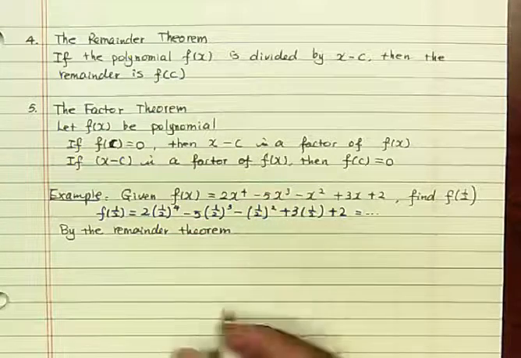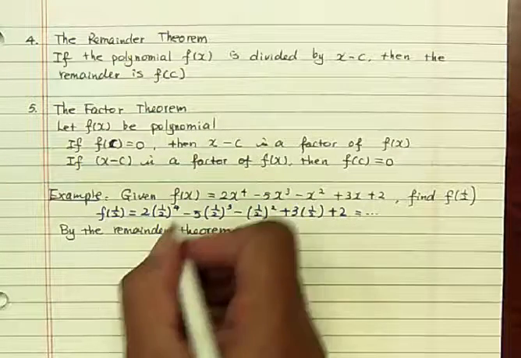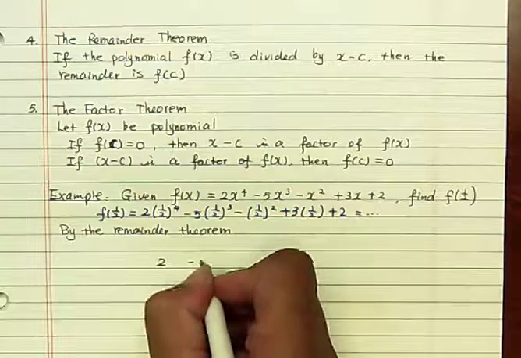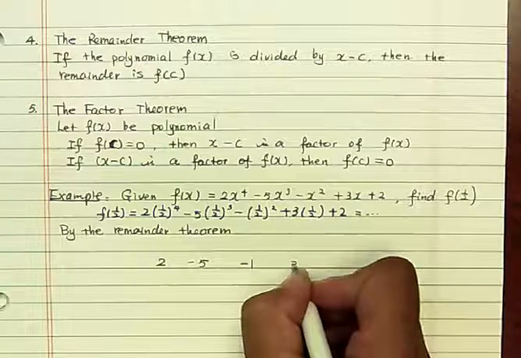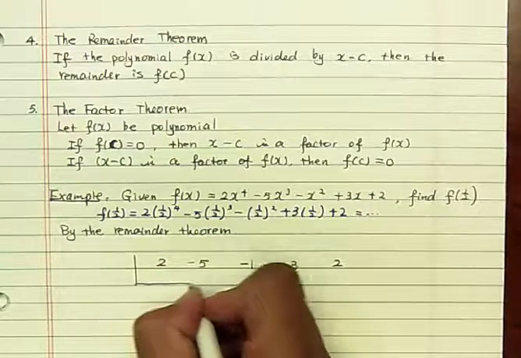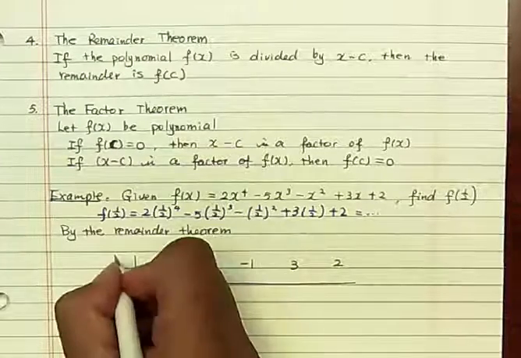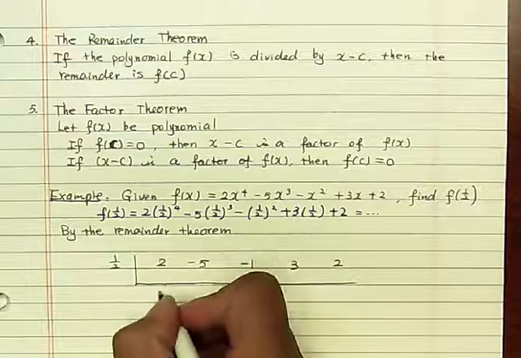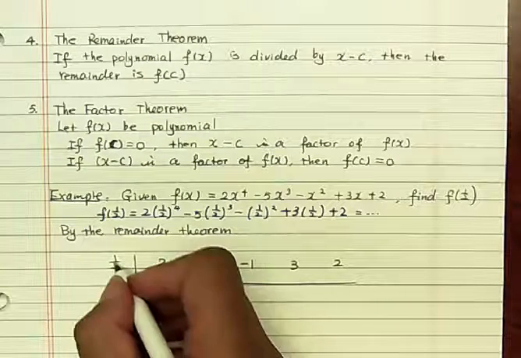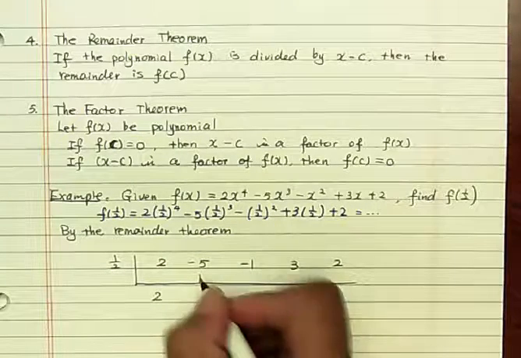What we can do is put in the coefficients of this function. So there's 2, -5, -1, 3, 2. There's nothing missing, right? And for synthetic division, the c is 1/2. Vertically, add, diagonally multiply by c: 2 times 1/2, that is 1.